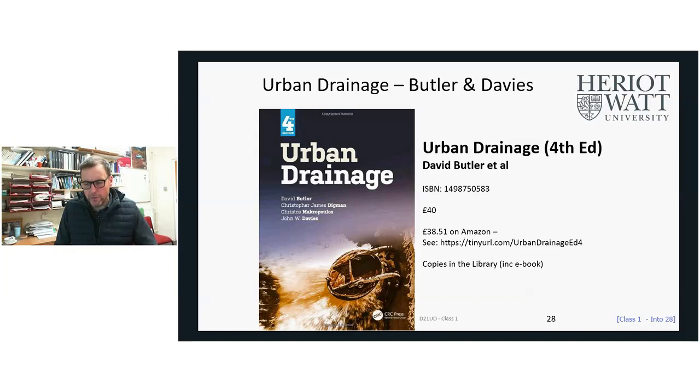So if you do have the 40 quid and you want to get a good mark for this course, or if you want to work in this area when you graduate, or perhaps both, let's be positive, it's worth thinking about buying it. If you can't afford the 40 quid, there should be a few copies in the library for people, so that's not an issue either.